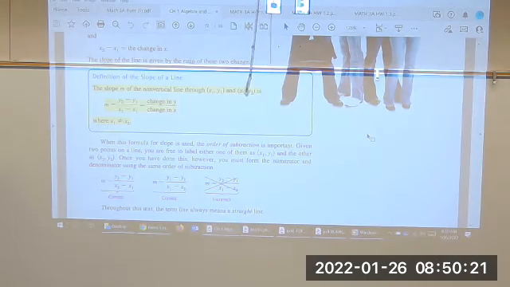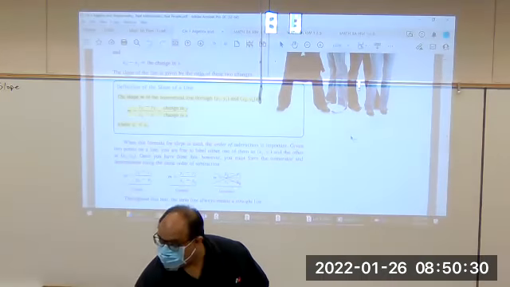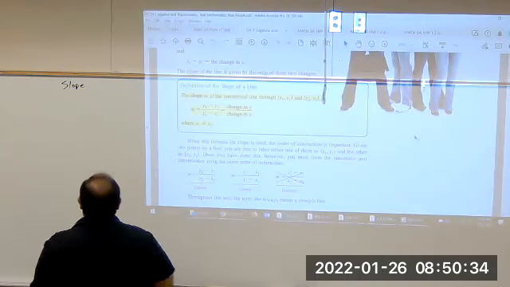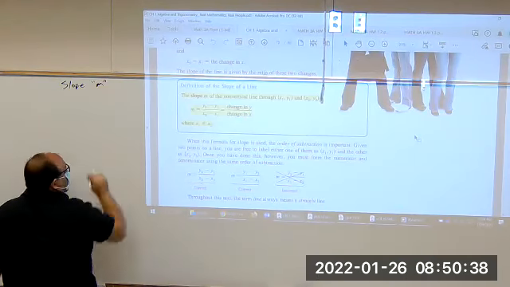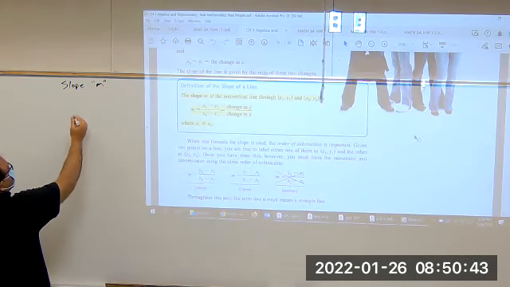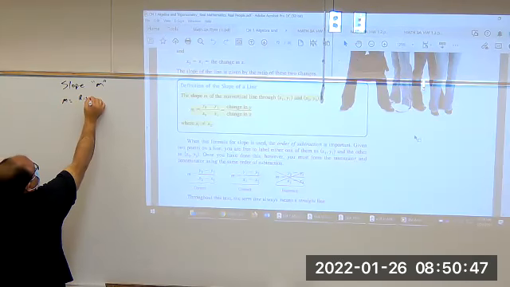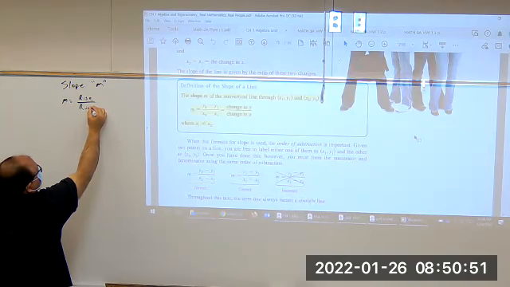So when we have slope, we use the letter m for slope when we're dealing with lines. The slope is the rise of a line over the run of a line.